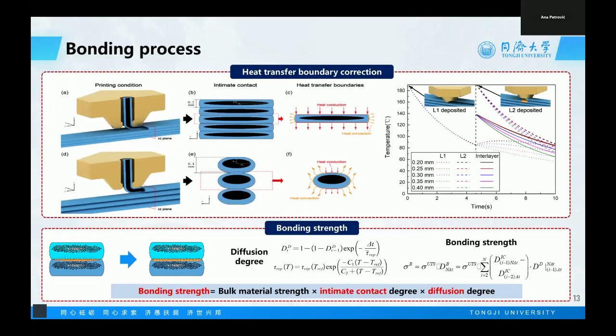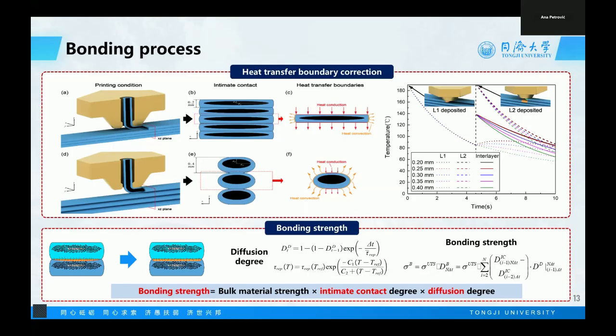The intimate contact degree will further affect the heat transfer boundaries and then change the thermal history of the materials and the diffusion degree. So it is necessary to carry out iterations of the heat transfer boundaries in the heat transfer simulations and bonding simulations.